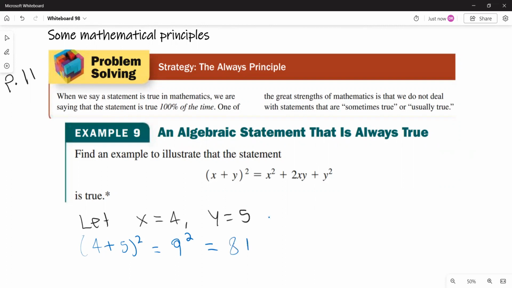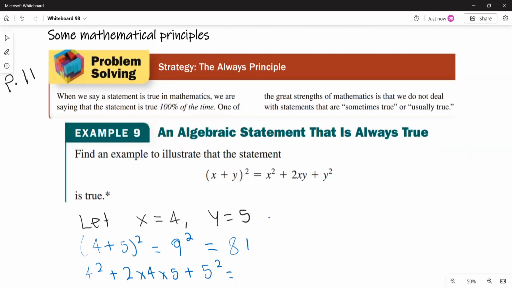And right-hand side, this is what? This is 4 squared plus 2 times 4 times 5 plus 5 squared. Now, 4 squared is, and actually I'm going to talk about the order of operations.